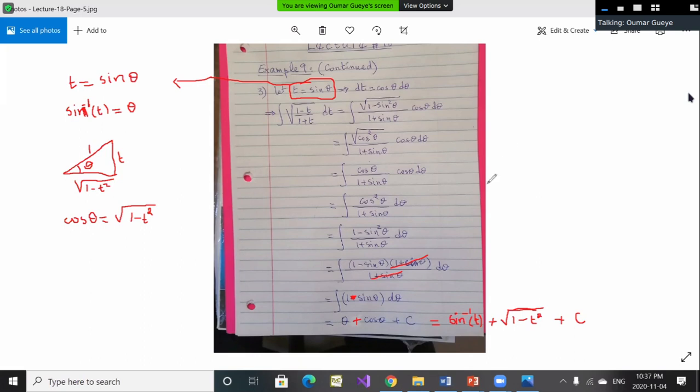Can I erase this? So you guys are done with this page, the solution here?